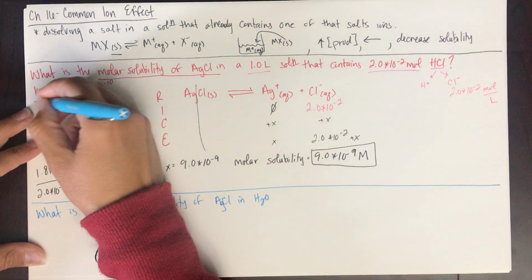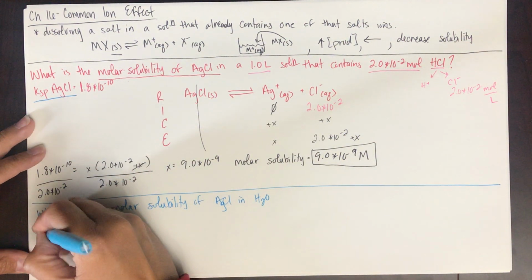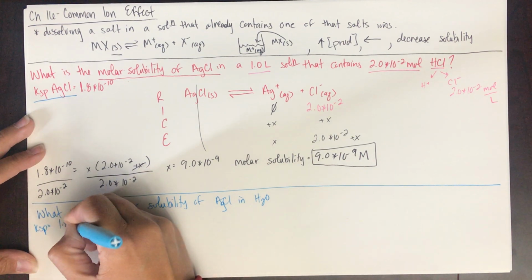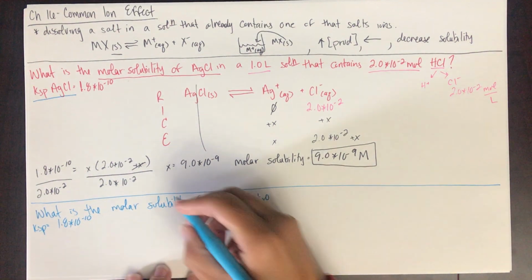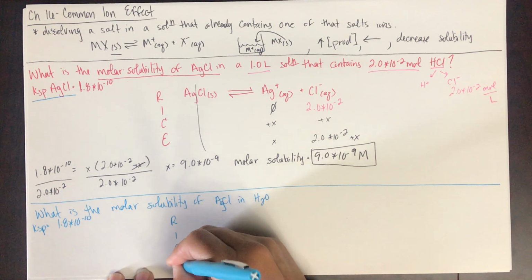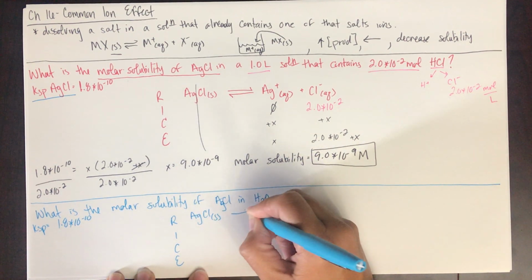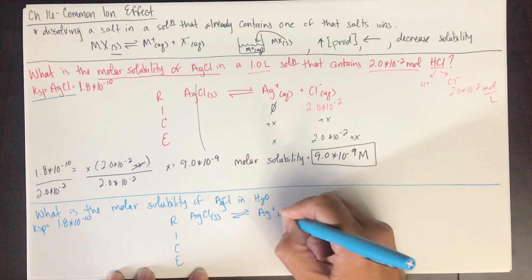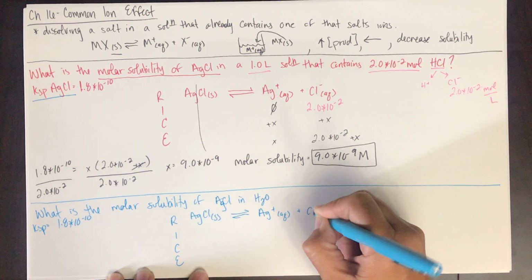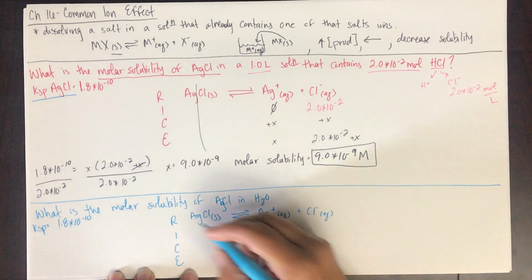The same Ksp. So same thing, I'm going to say silver 1 chloride, silver 1 ions, chloride ions.